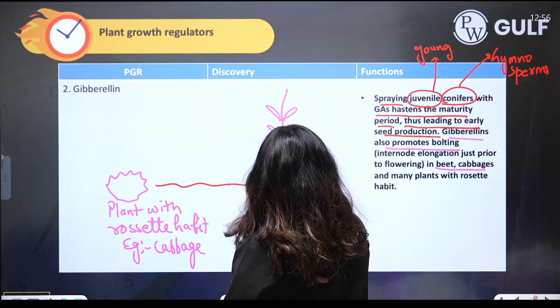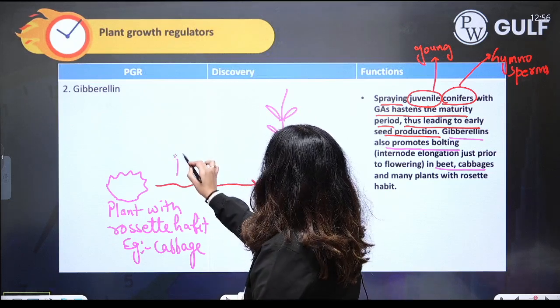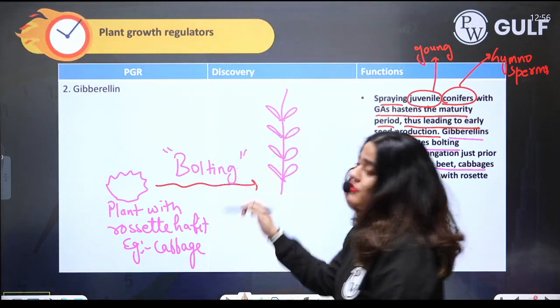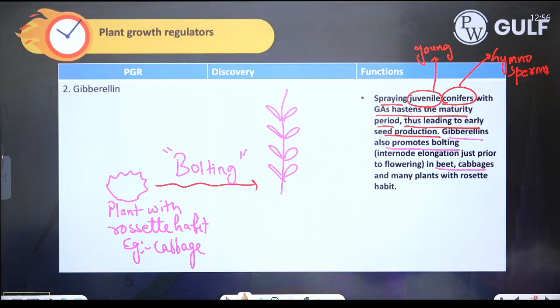This process is known as bolting. So earlier the plant was dwarf, but now the stem has been elongated, right?